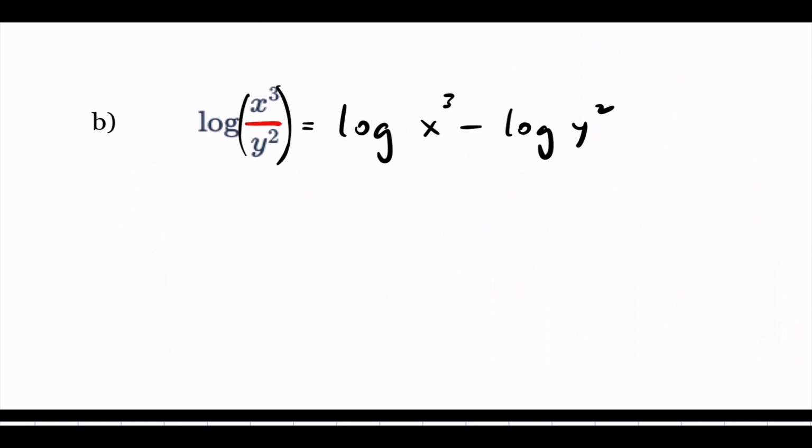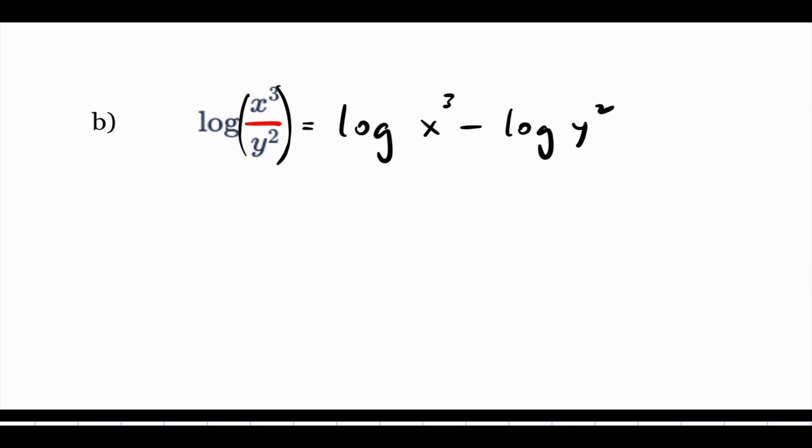Well, again, this one has division. So that's the quotient property. So I'm going to separate using subtraction. So log x cubed minus log y squared. Okay, so they're separated.